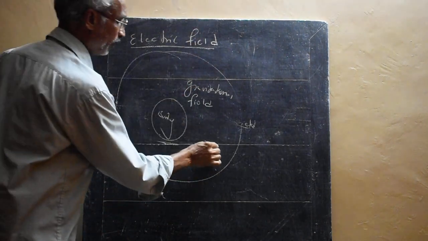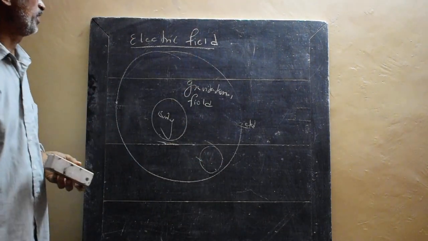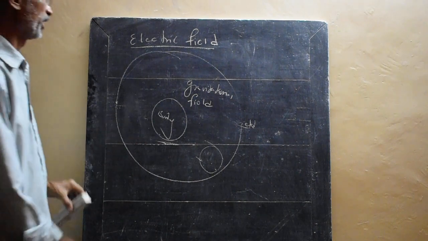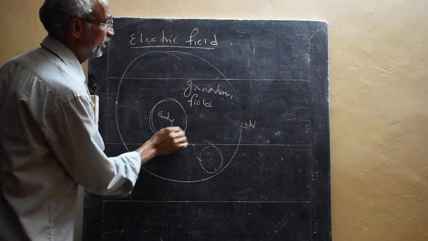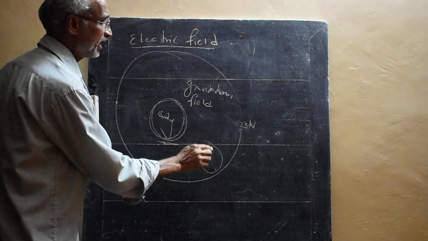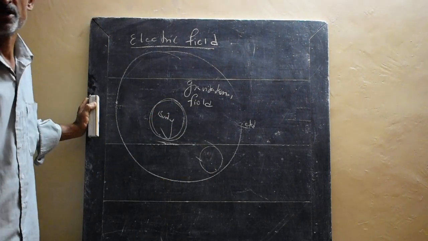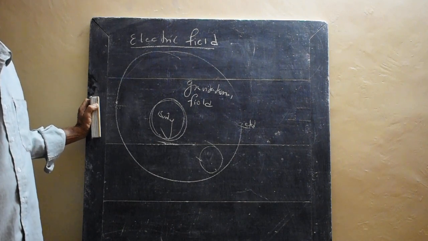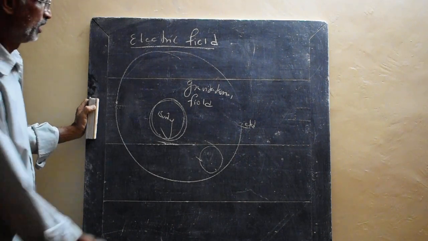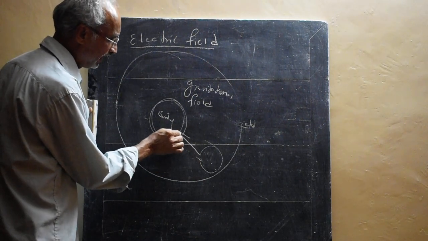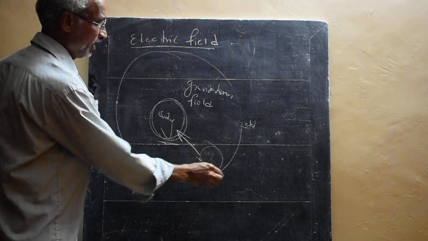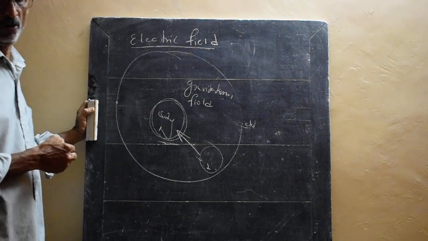If any other body is placed in the gravitational field of this body, the gravitational field interacts with that body and results in a force. That force is called gravitational force. Because of this force, the second body will be attracted by the first body.